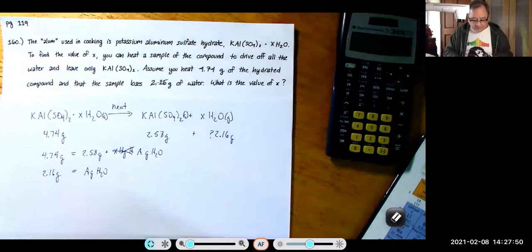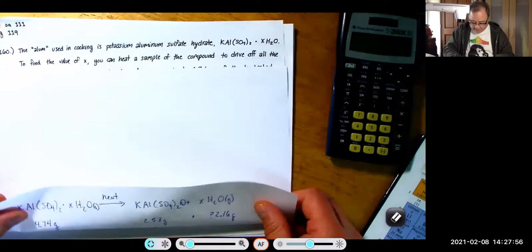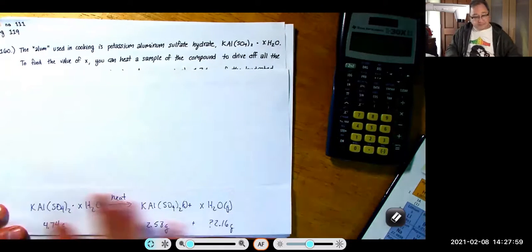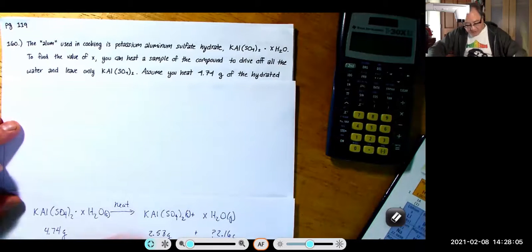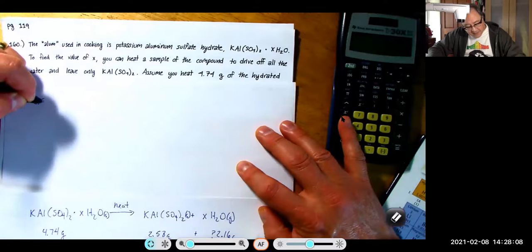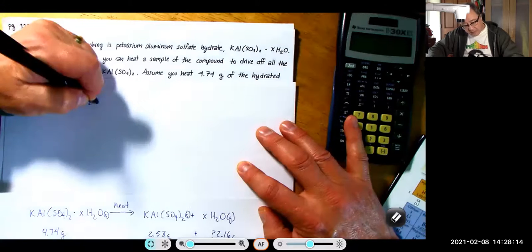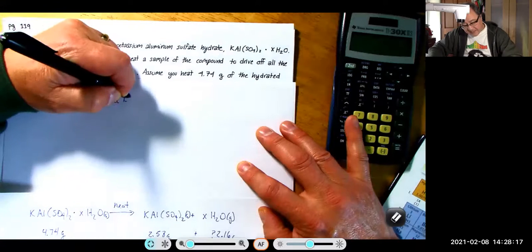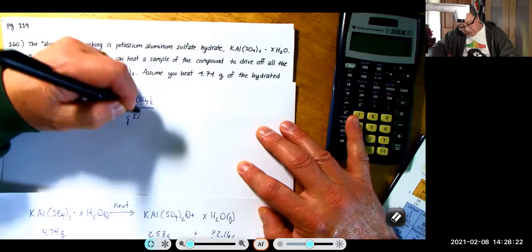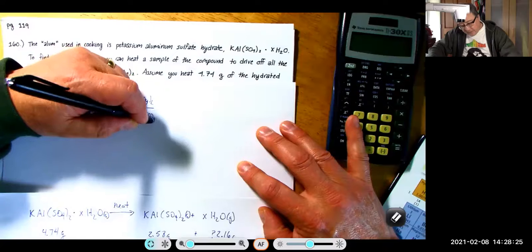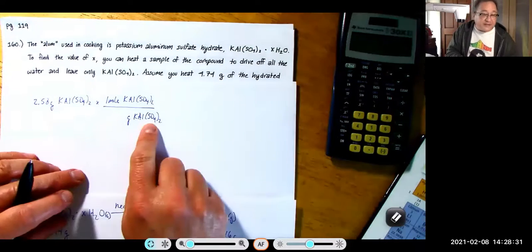So how do we do this problem? Let me show that to you. So I'm going to put this all down here at the bottom. And to figure out what X is, we take our 2.58 grams of KAl(SO4)2 and we multiply by 1 mole of KAl(SO4)2 over however many grams 1 mole is. So just to do this really quickly, I know that this sulfate is 96.